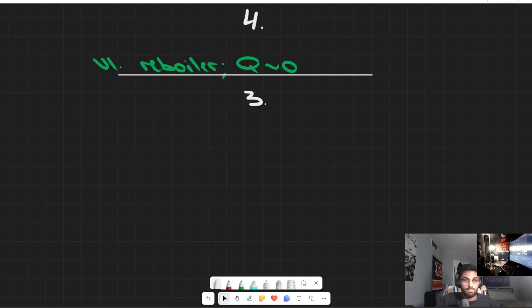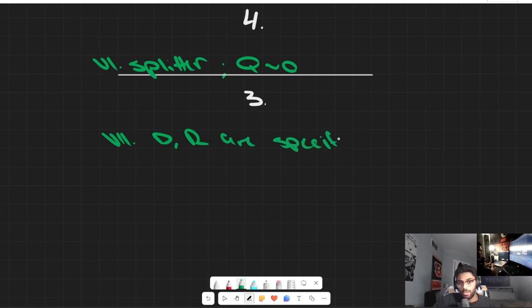Again, I need to make a correction. This isn't for the reboiler. I meant to say the splitter. This is for the splitter, which is running adiabatically. Now, our last couple assumptions. We will say that we also specify the distillate and the reflux ratio.